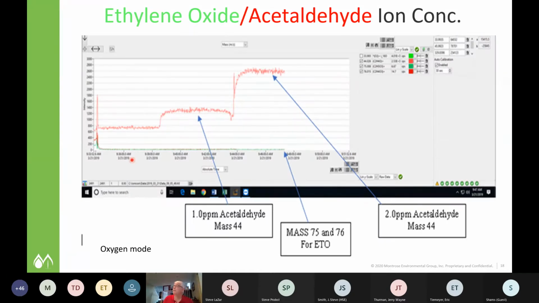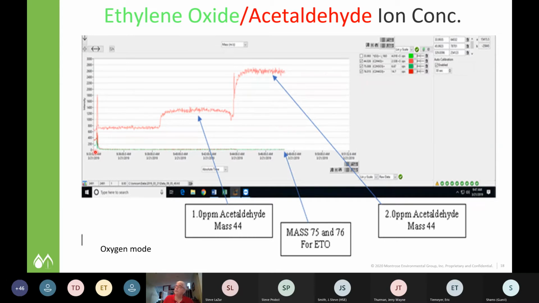So same experiment. If you look at this mass, this is 44. So the oxygen does react with the acetaldehyde. It transfers the charge over. So you have now a mass of 44 with a positive charge, which is what you see on these red lines. So this is the base, then you have 1 ppm, and then you have 2.